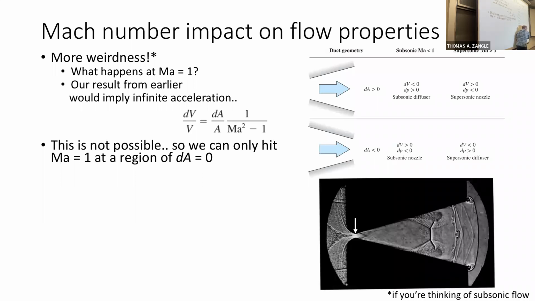But at this point right here, there's some condition where dA is equal to 0, where the area is not changing, where we're switching from this decrease back to this increase. In this system, what this relationship tells us is that this is the only place where Mach number can be equal to 1.